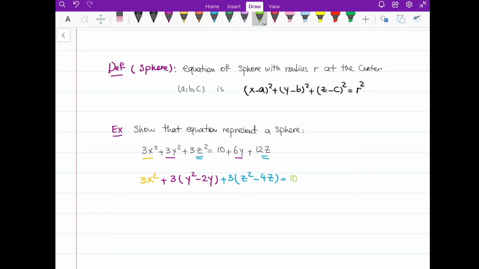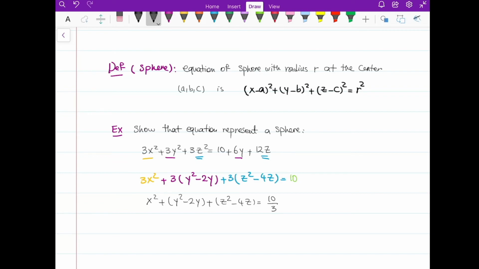As you see, I don't have any coefficient in here, so I'm gonna divide everything by 3. So I get x squared plus y squared minus 2y plus z squared minus 4z equals 10 divided by 3.